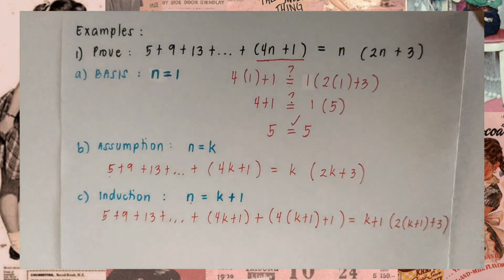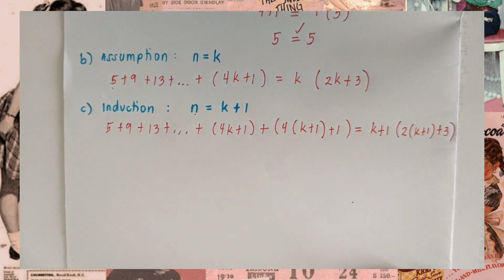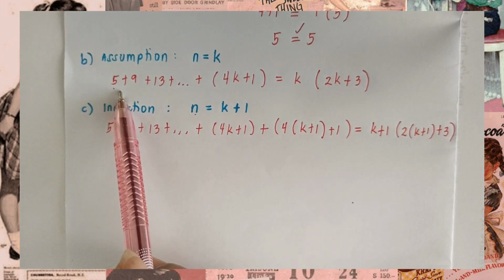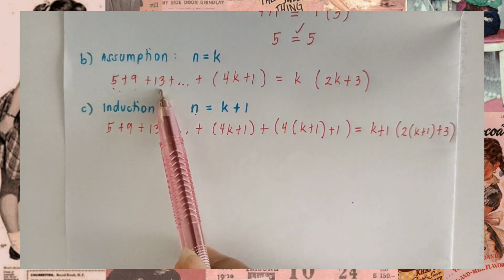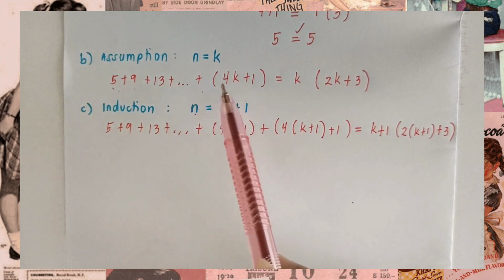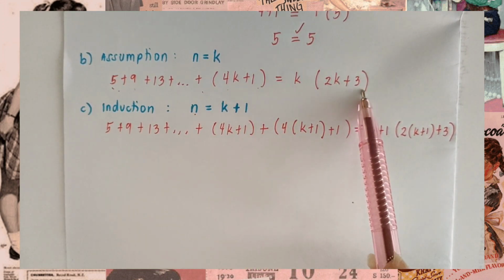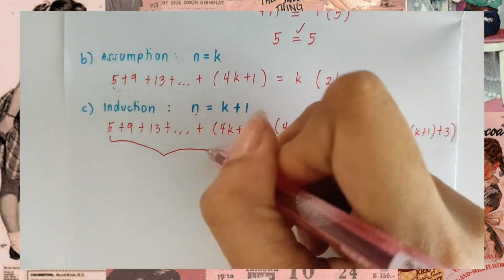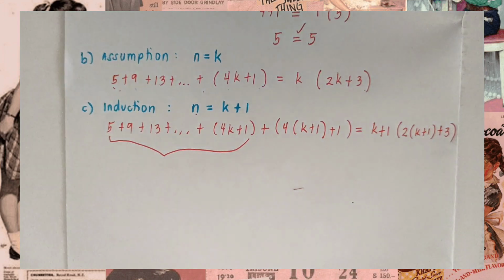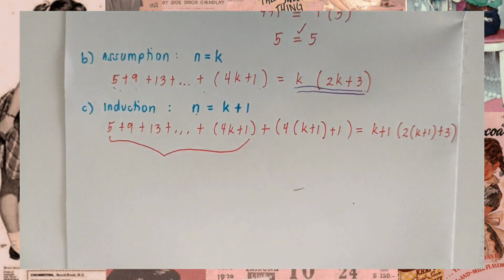So we need to prove if the left side and the right side of the equation will balance. Looking at our step 2, the left side of the equation, 5 plus 9 plus 13 plus ... plus 4k plus 1 equals k times the quantity of 2k plus 3, we will just replace this part with the value of the right side of the equation in step 2.